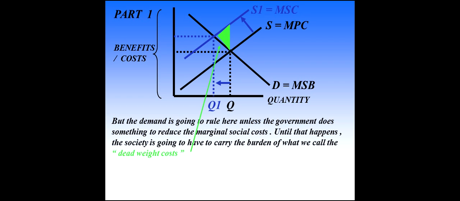And until that happens, the society is going to have to carry what we call the burden of the pollution, which is what we call dead weight costs that are illustrated here by the green shaded area on the graph.